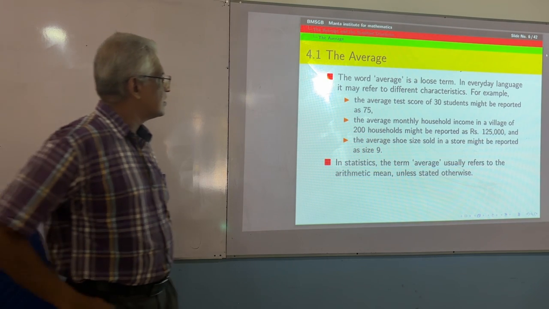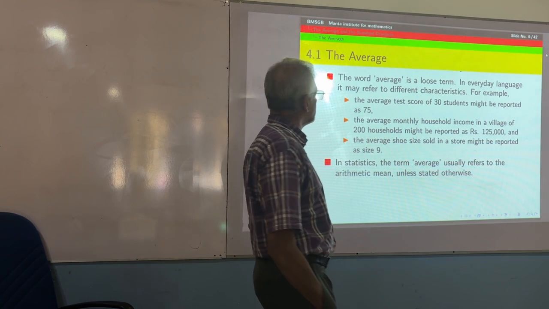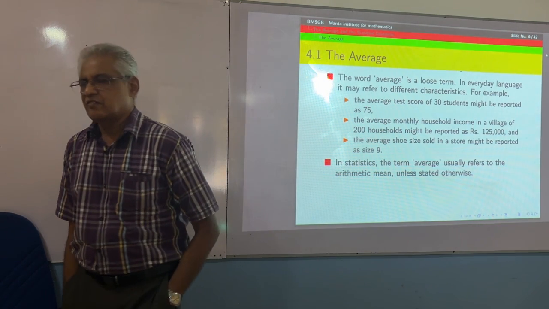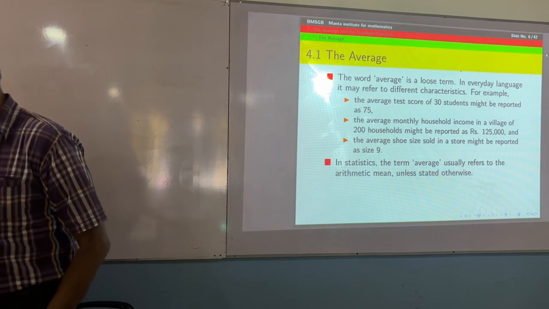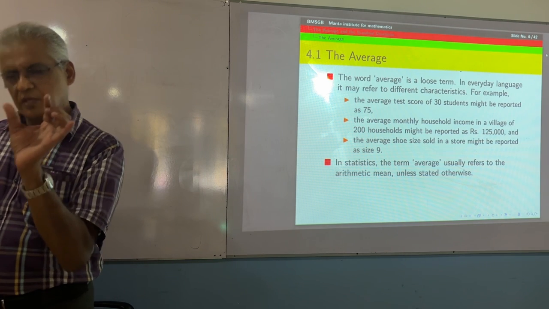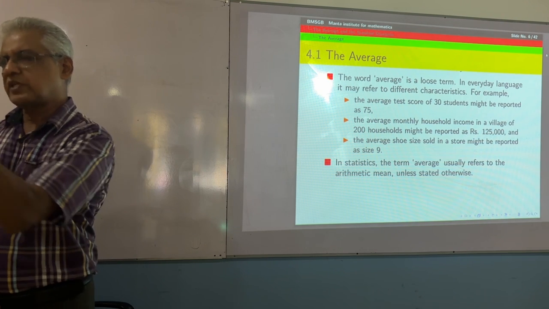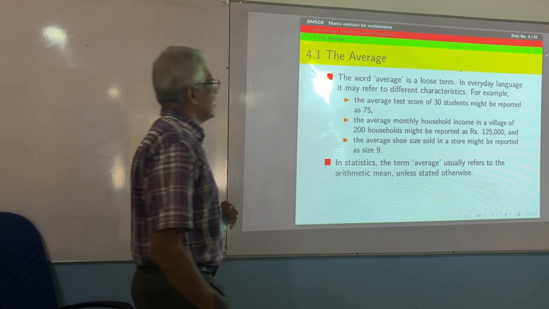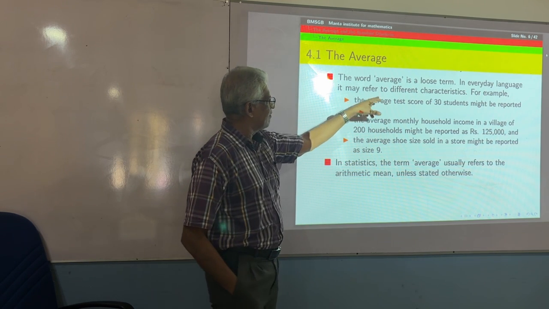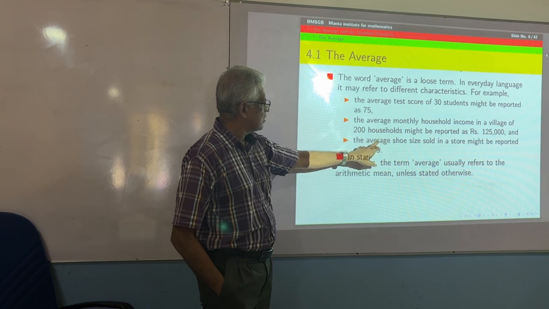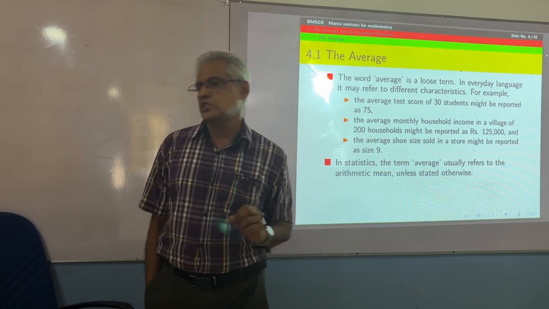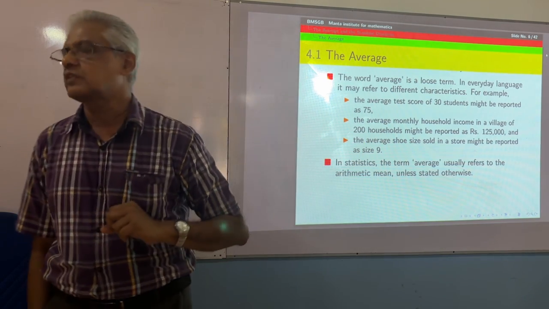So here are three examples that I mentioned in the last class also. Generally, when people talk about average, it may mean three different things, right? I have given you three examples where the word average is used, but that word average means three different things.